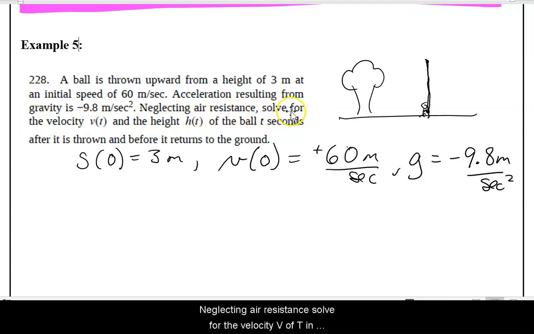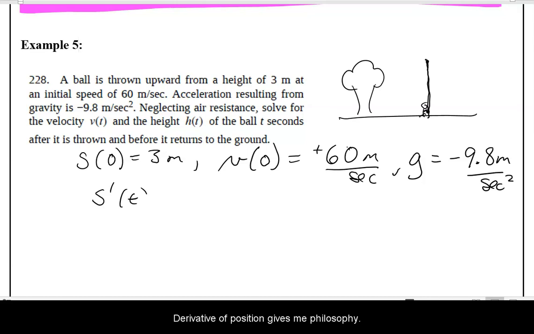Neglecting air resistance, solve for the velocity v of t and the height h of t of the ball t seconds after it is thrown and before it returns to the ground. So we'll allow our upper limit of integration to be an arbitrary t, and we'll integrate. We need to remember what the relationship is. The derivative of position gives me velocity.